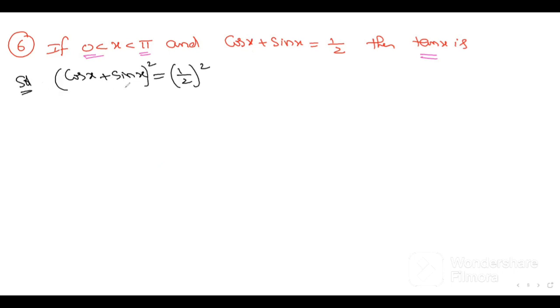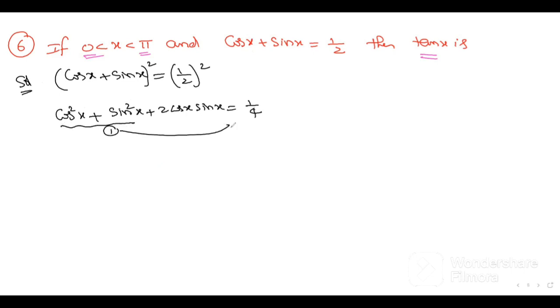Here, we should apply (a plus b) whole square, a square cos square x, b square sin square x. 2ab is 2 cos x into sin x is equal to 1 by 4. Cos square x plus sin square x value 1 standing right side, it will become minus 1.